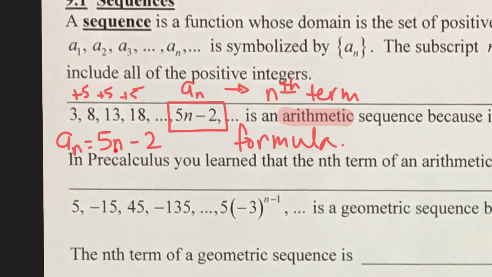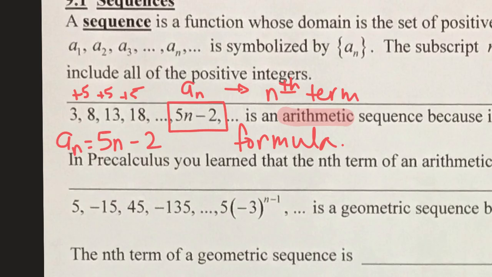The only things n can ever be are the numbers 1, 2, 3, 4, 5, 6, 7 to infinity. N are always positive integers that we are multiplying or adding or doing something to, just like our subscripts. So subscript 1, a sub 1, a sub 2, a sub 3, a sub n.